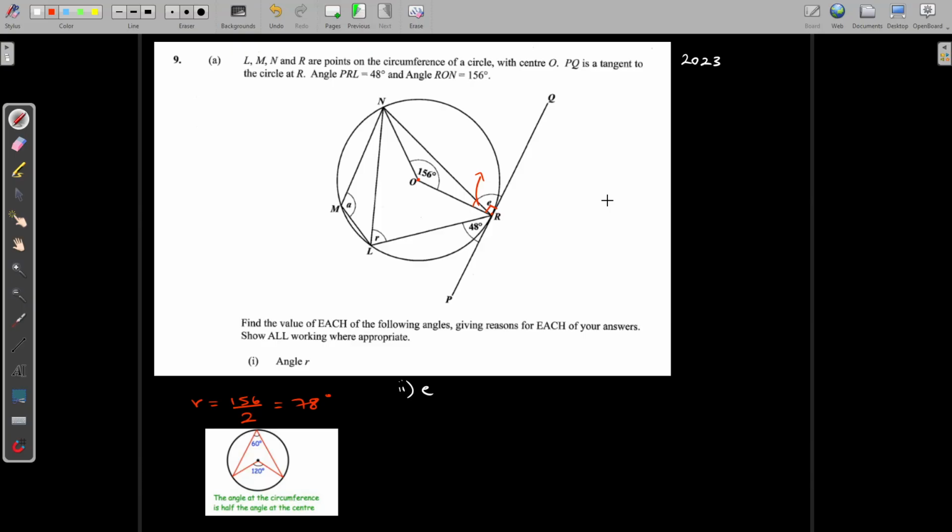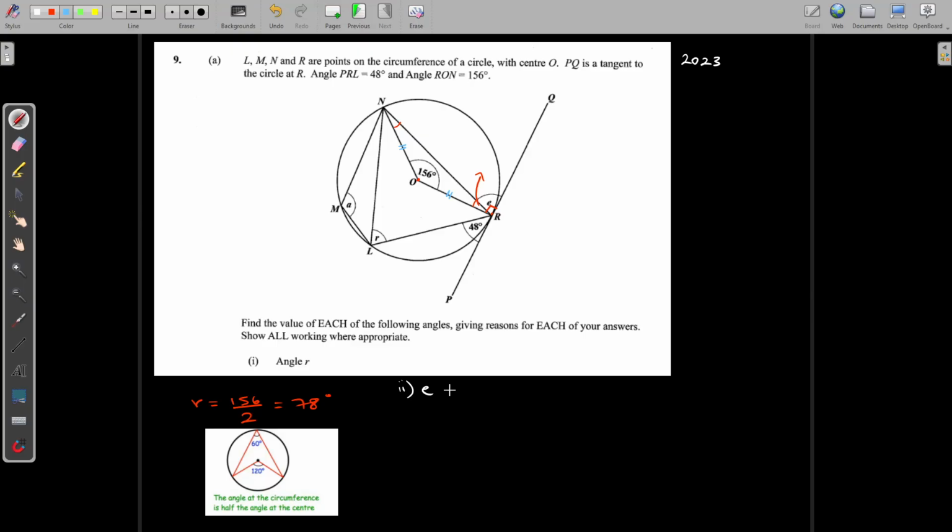We can, because what kind of triangle is this? An isosceles triangle. And if it's an isosceles triangle and we know the central angle, we can easily find the two angles here. So this is 156.